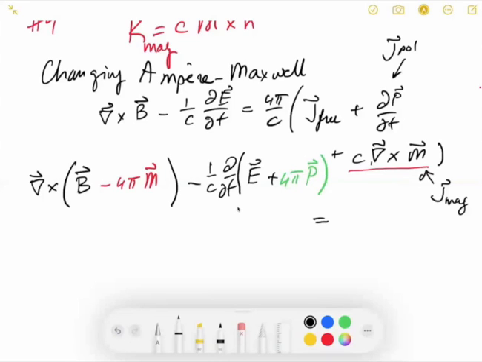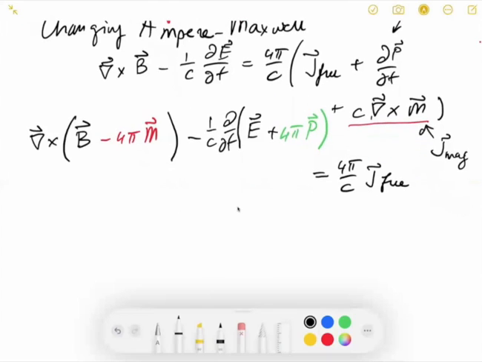And now we are left here with 4 pi over C J free. So J free is still the original J free that we had, but now we should recognize that this term in green is the D field.